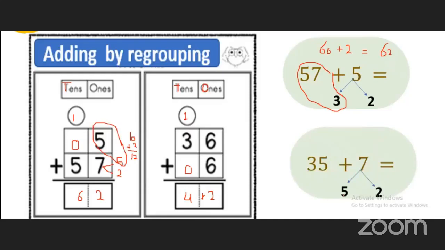Why do I break it into 5 plus 2, and why do I write 5 first? Because 5 plus 5 equal 10. So 35 plus 5 equal 40. Then 40 will be added to the number 2. 40 plus 2 equal 42.